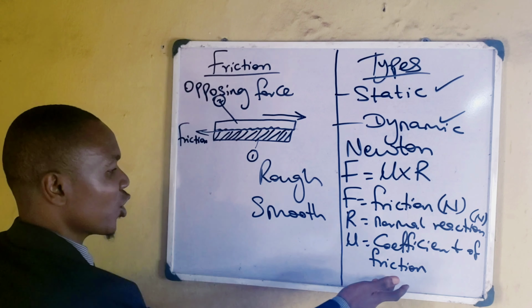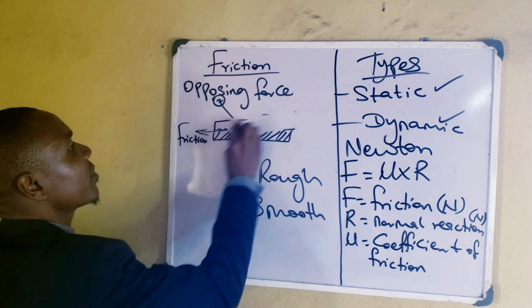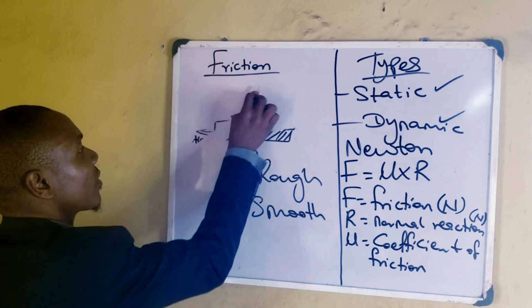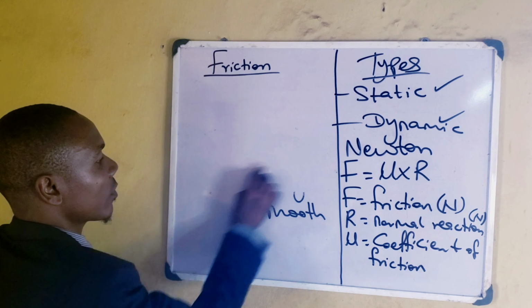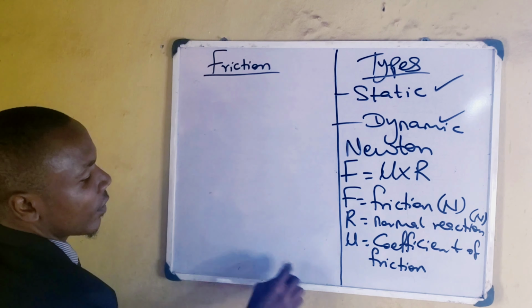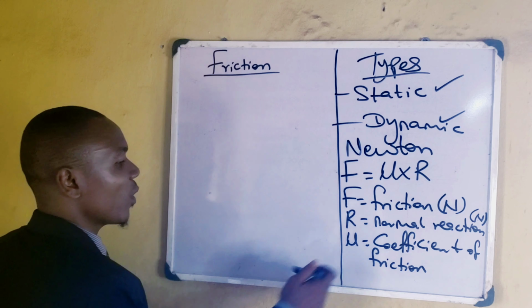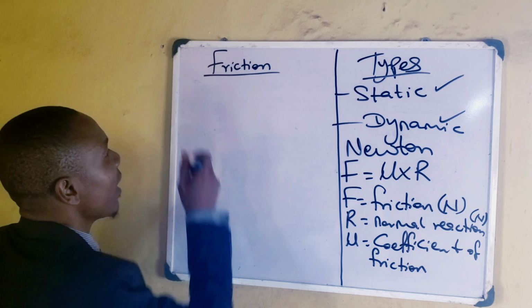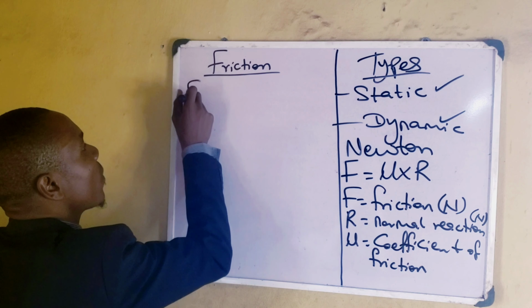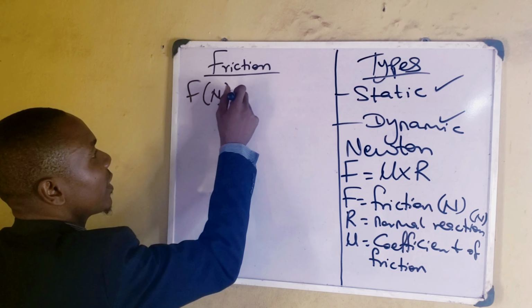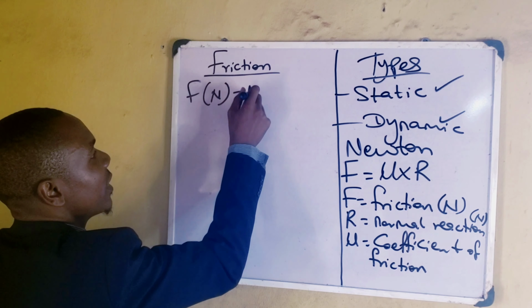I don't have much space here, let me continue up here. I want to find the unit of coefficient of friction. So I have F, which is Newton, like this. I have μ, like this.